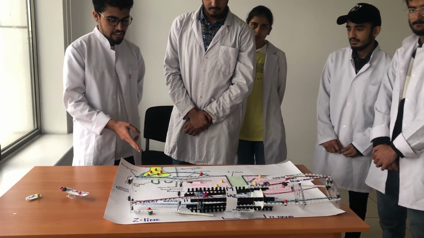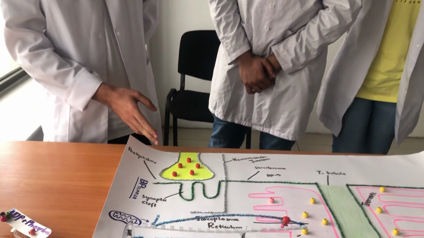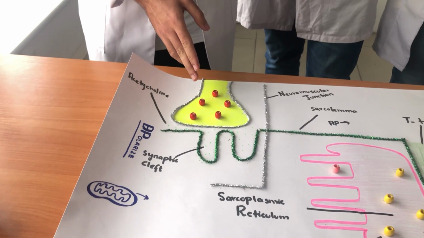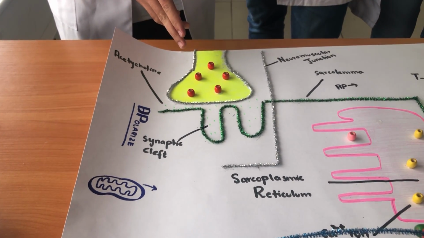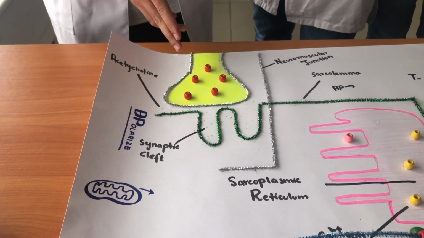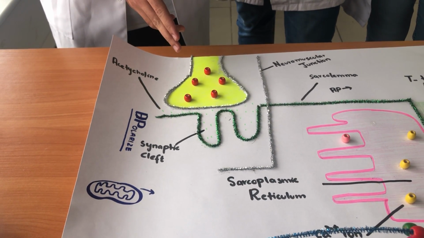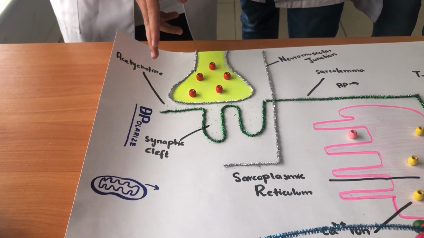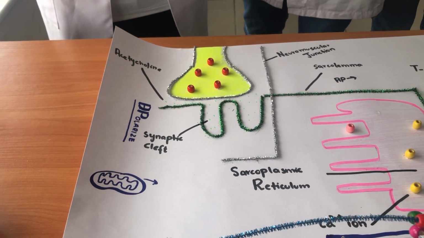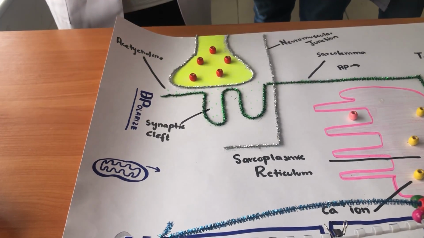As the nerve impulse is received at the presynaptic membrane, it causes calcium to stimulate the release of the neurotransmitter. The neurotransmitter is released with the help of calcium, which is stimulated by the nerve impulse. The neurotransmitter, for example acetylcholine, is transferred from the presynaptic membrane to the synaptic cleft.